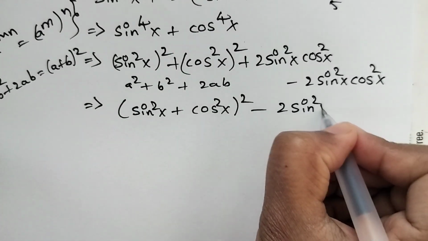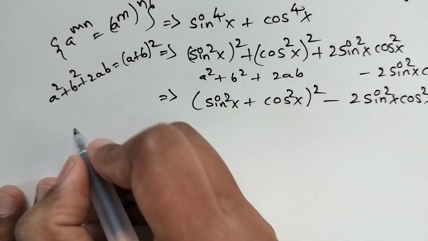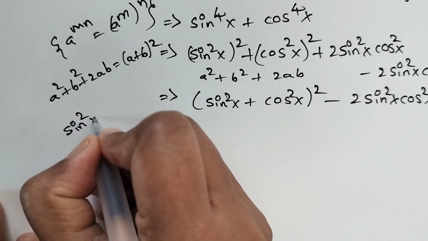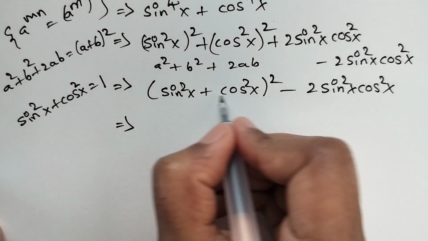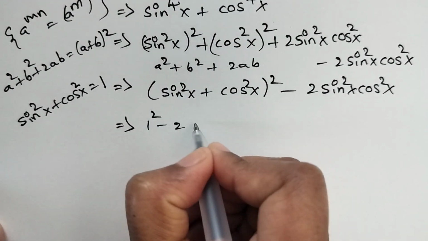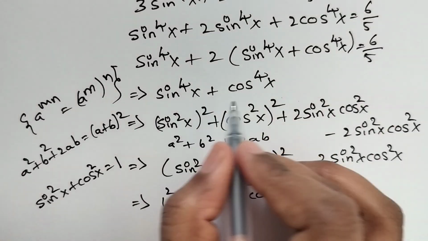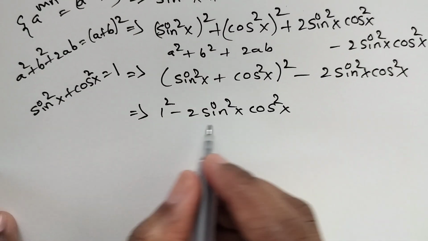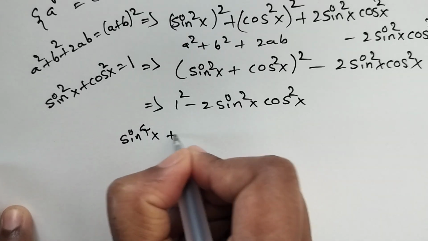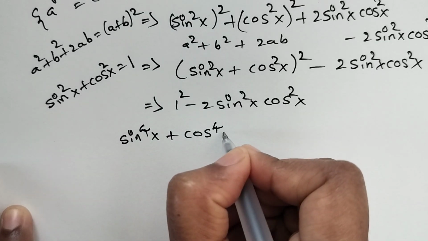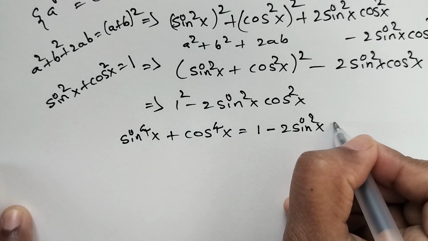We know sin²x + cos²x = 1, so in place of this term we write 1² minus 2 sin²x cos²x. So now sin⁴x + cos⁴x = 1 − 2 sin²x cos²x.